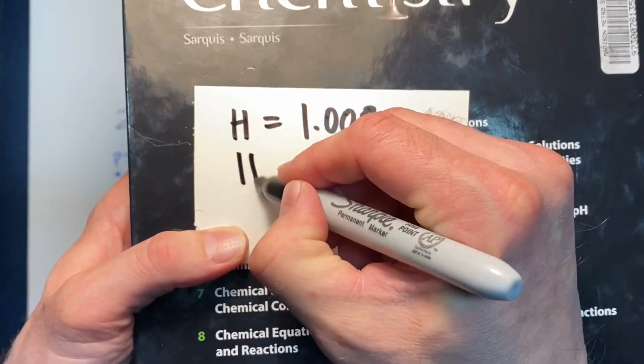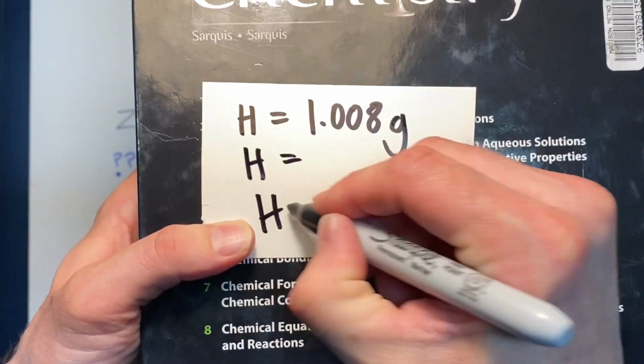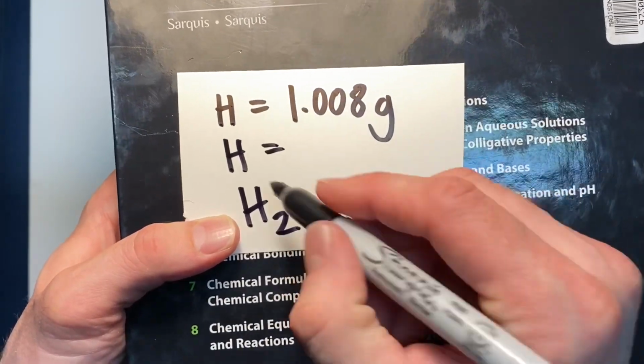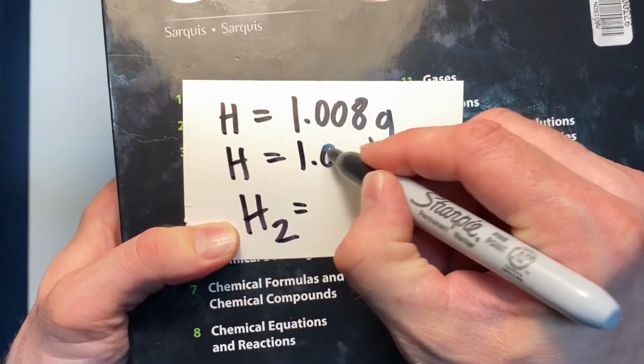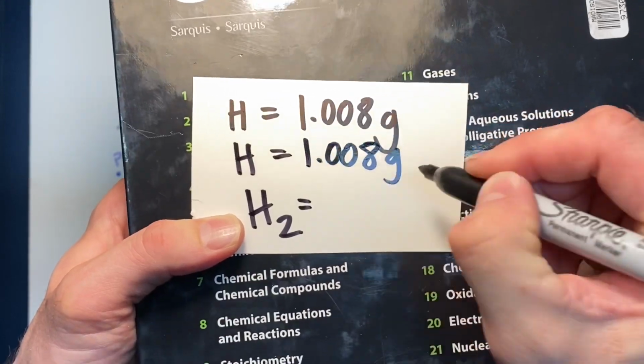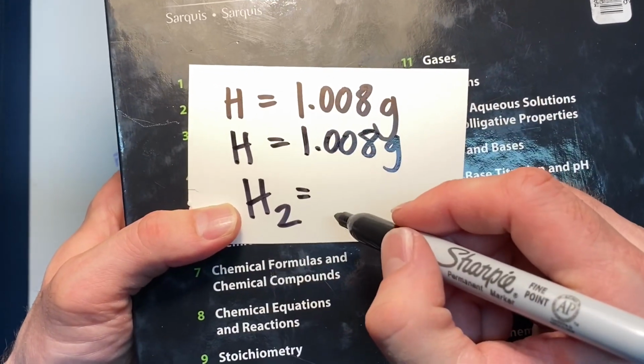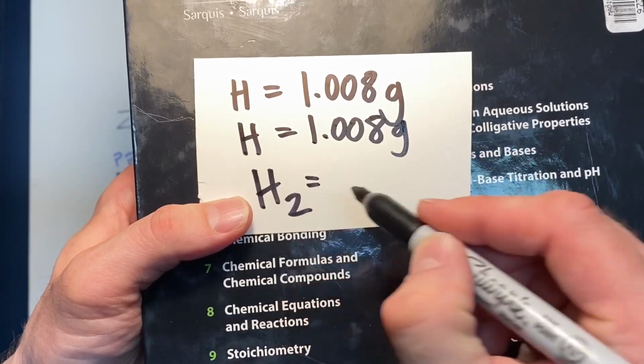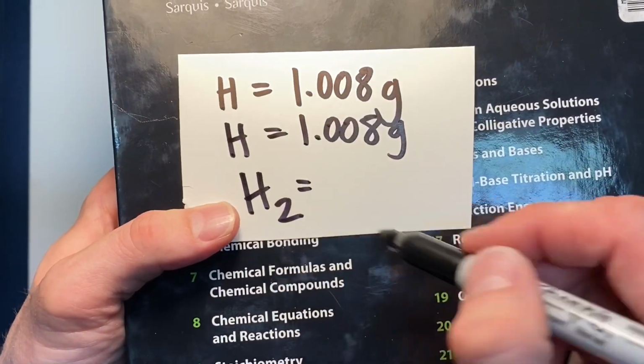What we need is H2, which is a diatomic element, a diatomic molecule. So we actually need 2 moles of hydrogen atoms to get the molar mass of 1 mole of diatomic hydrogen molecules.